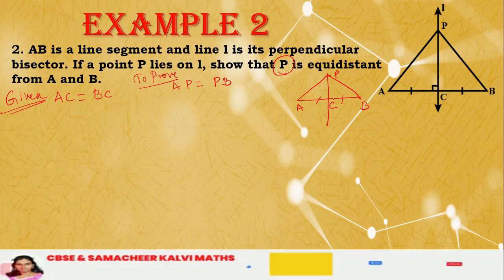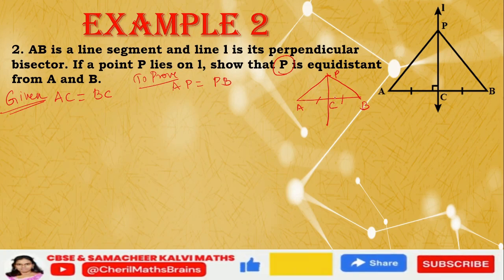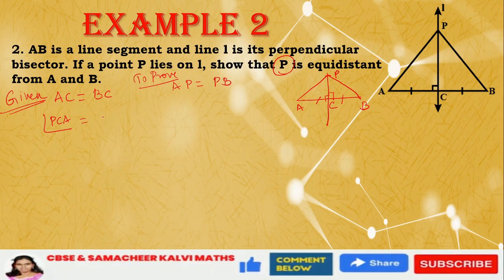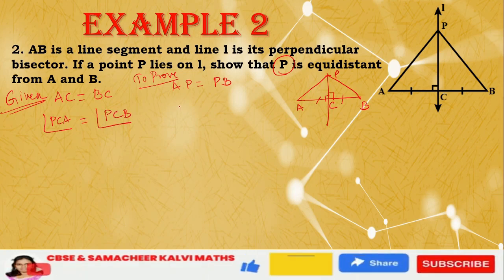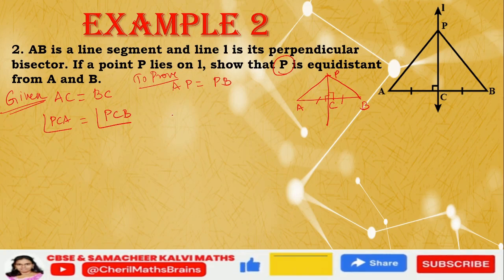Now we already know AC is equal to BC, and since it is a perpendicular bisector, angle PCA is equal to angle PCB. Is it clear, children? Angle PCA is equal to angle PCB. And we have another thing.